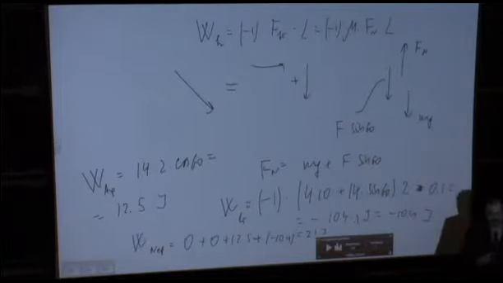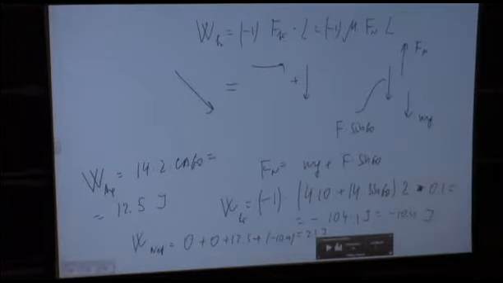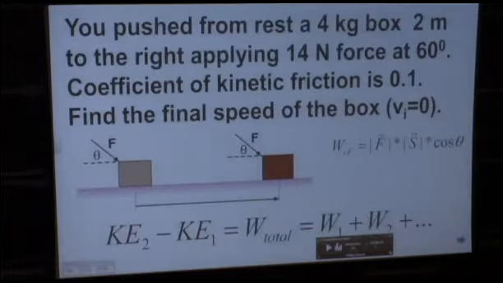The net work is positive. That means the object is speeding up. It's moving faster and faster. So we can apply the work-kinetic energy theorem to calculate its final speed. Normally we assume it starts from rest, so the initial speed is 0 and the initial kinetic energy is 0.